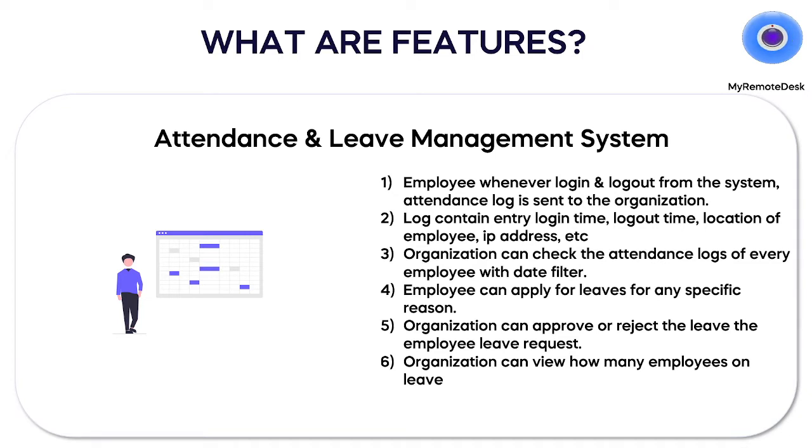The log will contain the login time, that is the clock in time, the clock out time, the location of the employee where they are working, which we can call GPS tracking, and also the IP address. The organization can check the attendance log of every employee with a date filter, showing on which date the employee logged in at which time and logged out at which time.